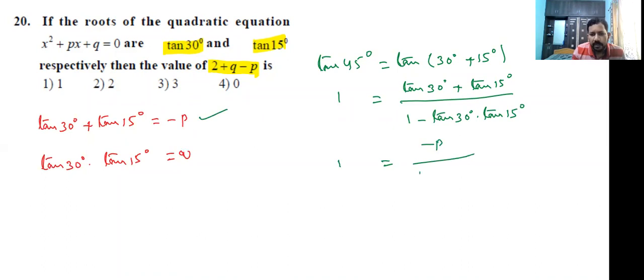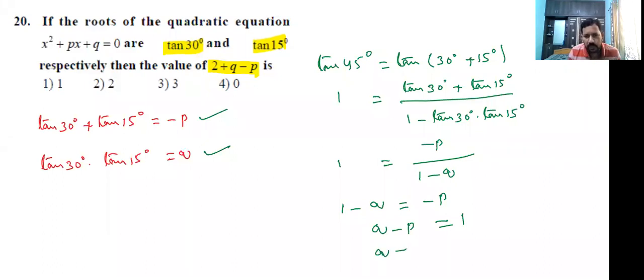Minus p, divided by 1 minus tan 30 into tan 15, q. Take cross multiplication. 1 minus q is equal to minus p, and send this value to the right hand side. q minus p is equal to 1.